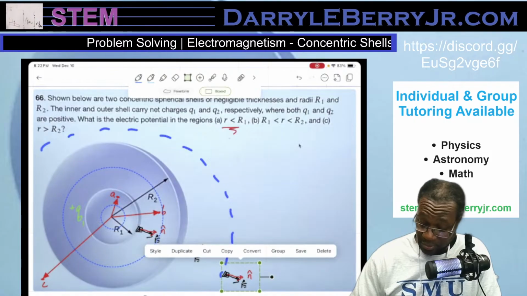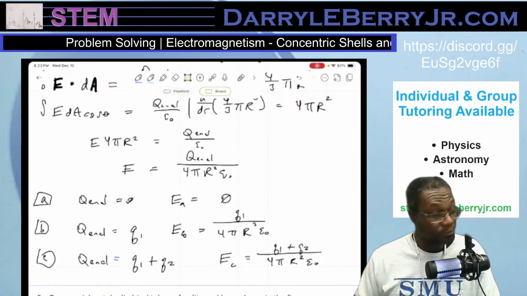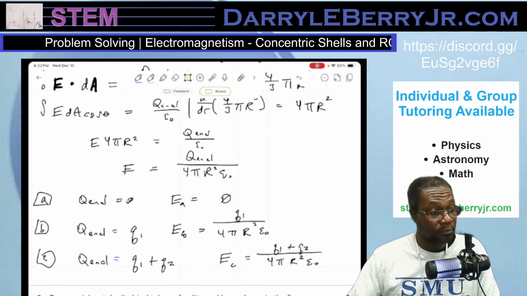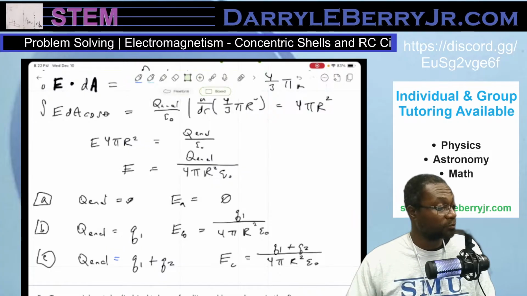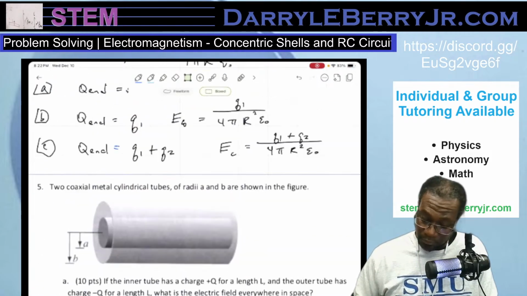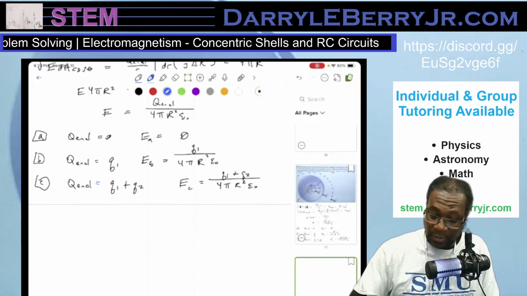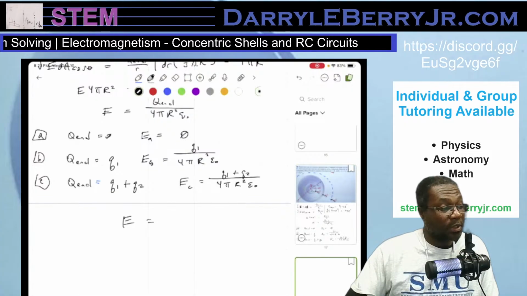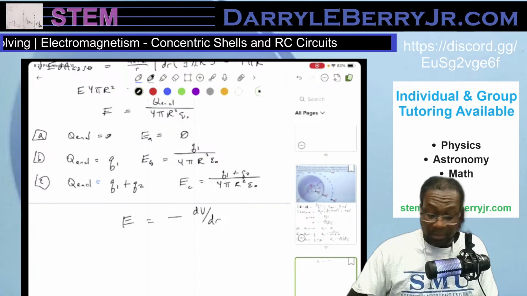What is the electric potential in those regions? So the way electric potential works is, E, the electric field, is the negative derivative of the potential.